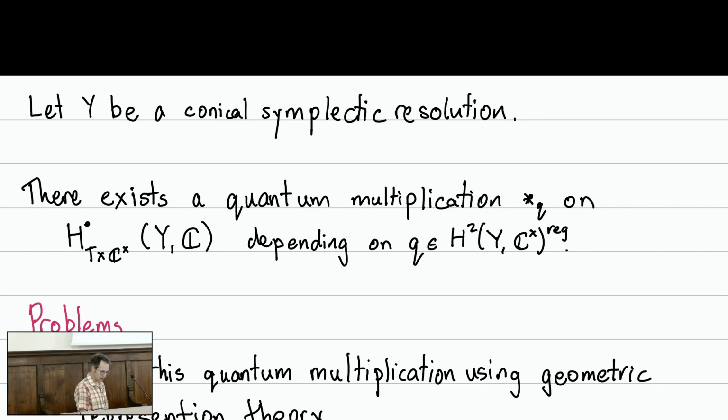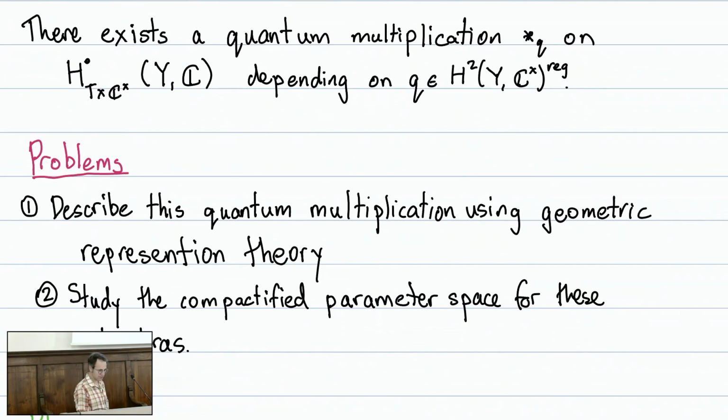So our goal in this lecture series will be to address the following two questions. The first question is, for specific examples of these Y's, especially, I suppose, for ADE quiver varieties and for affine Grassmannian slices, which happen to be symplectic dual, we will describe this quantum multiplication by means of some geometric representation theory.